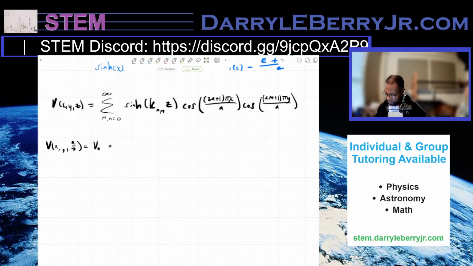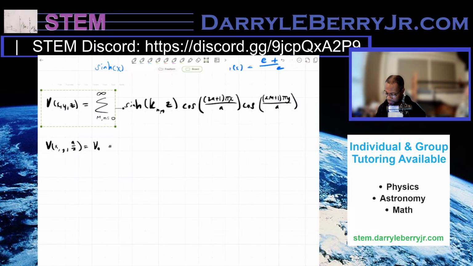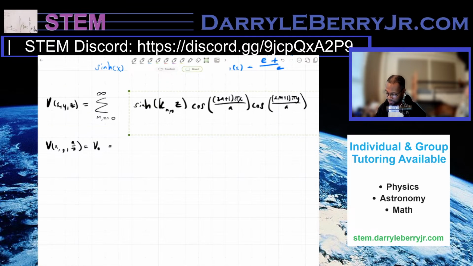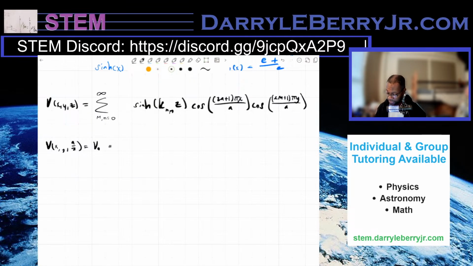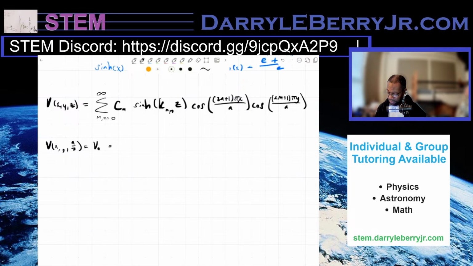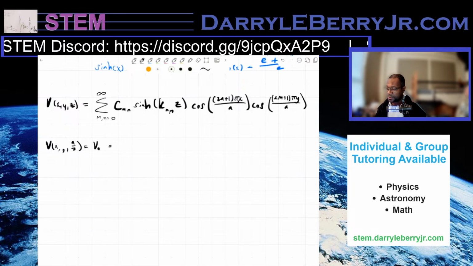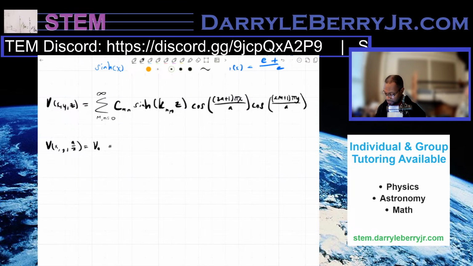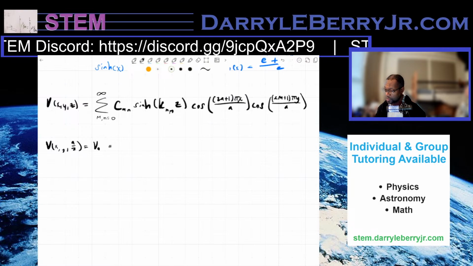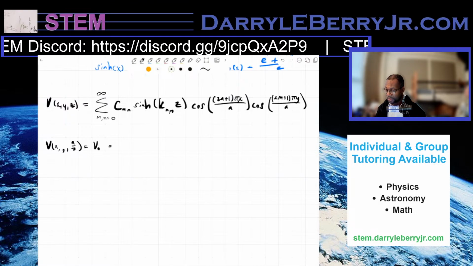Looks like I'm missing one thing here, which is the coefficient C_mn, because it could be 1, but that allows for any coefficient we might need.